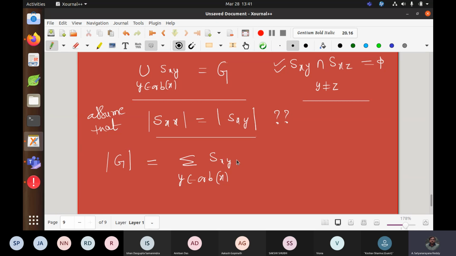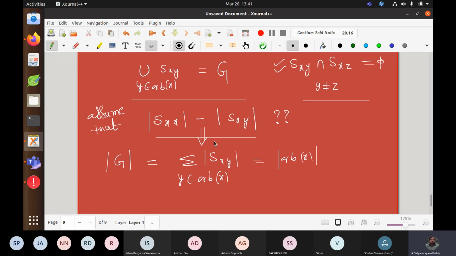of Sxy. What is the mistake? One more thing I have to put. Okay, so it is the cardinality. All right. But now, if you assume this part, what happens? This implies, somebody can tell me here, the cardinality of orbit of X. For each orbit element, I am getting 1.